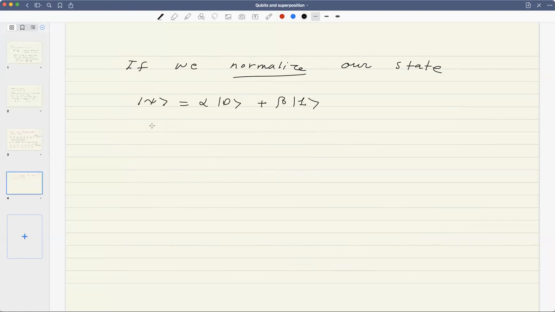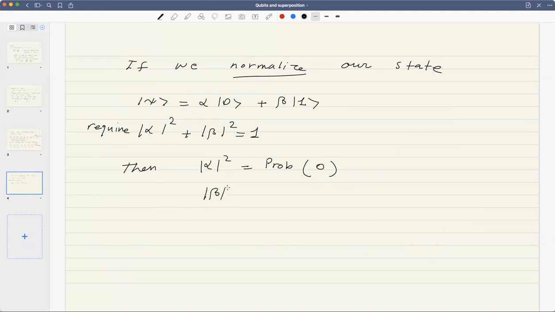So what it means is that if I require that absolute value alpha squared plus absolute value beta squared is 1, then this is the probability of finding 0 when you perform a measurement in this state.